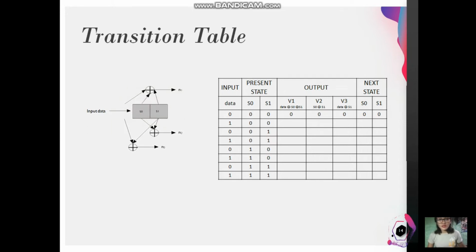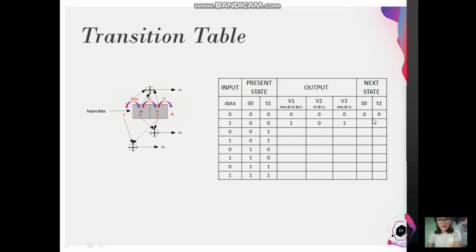Same process. V1 is data XOR 0 XOR S1. So 1 XOR 0 XOR 0 is equal to 1. V2 is 0 XOR 0, which is equal to 0. V3 is 1 XOR 0, which is equal to 1.